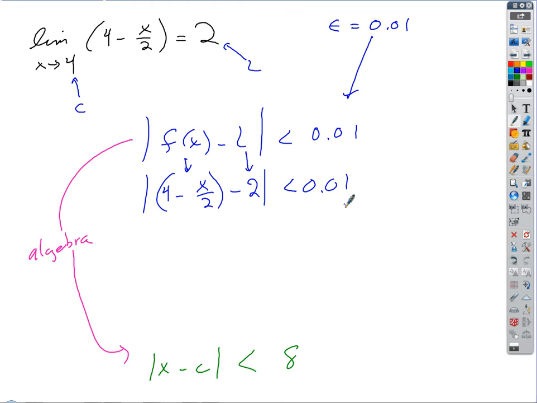Yeah, that's good. Sorry, just one thing up there. You said epsilon is the function minus L? Yes. Why did you put it equal to 0.01 up there, but then you said it's less?